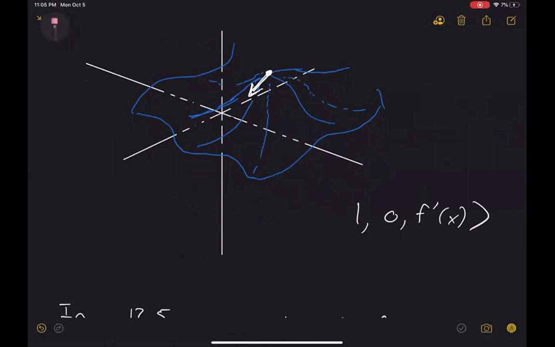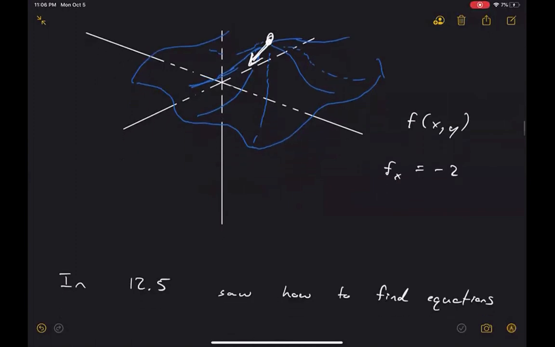right? So for instance, let's say this surface is some function f of x and y, and I find its derivative in the x direction at this point here is -2. So then what would my tangent vector right there be?